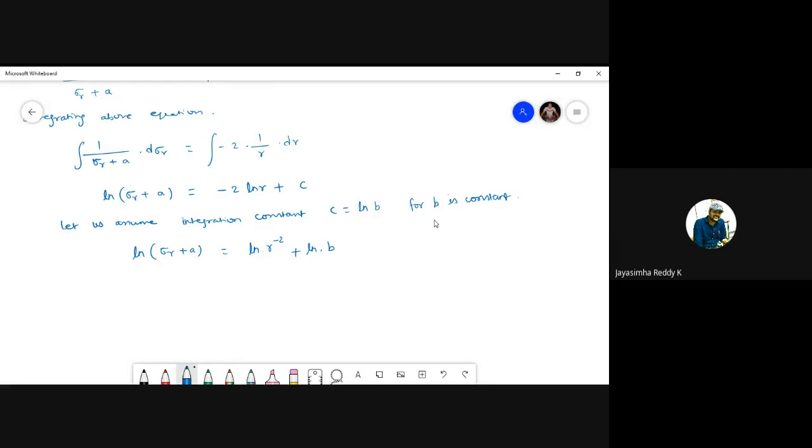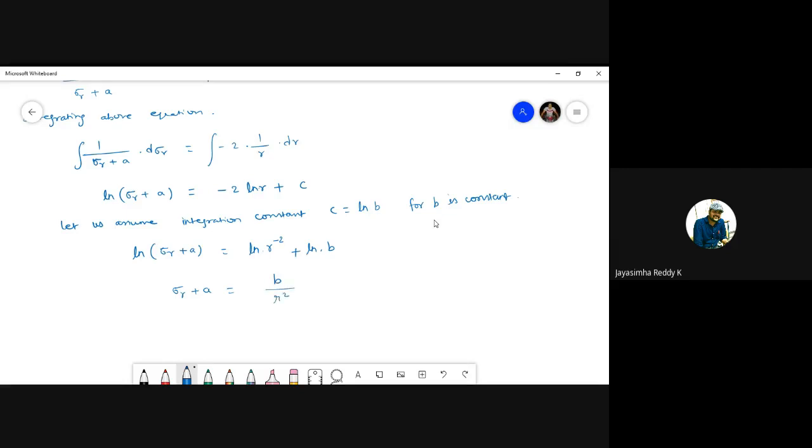I wanted to cancel this logarithm, so this becomes sigma r plus a is equal to log ab, in the sense b into r to the power of minus 2. So I just write this as b by r square.